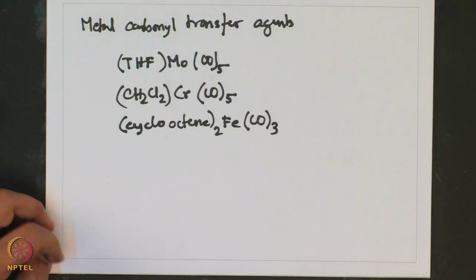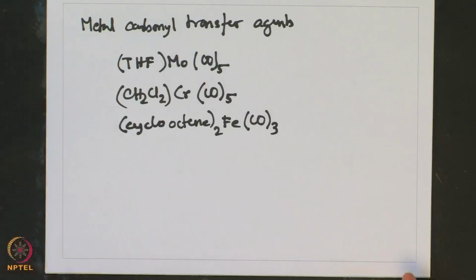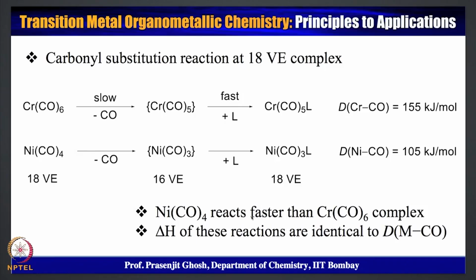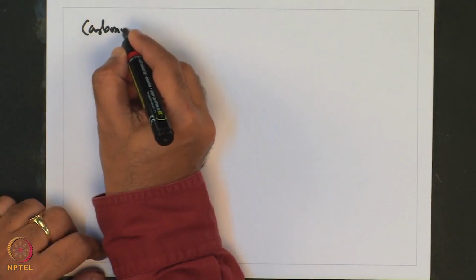Usually these carbonyl substitution reactions occur at 18 electron valence complexes and follow a dissociative pathway. This is illustrated by the following examples shown below.